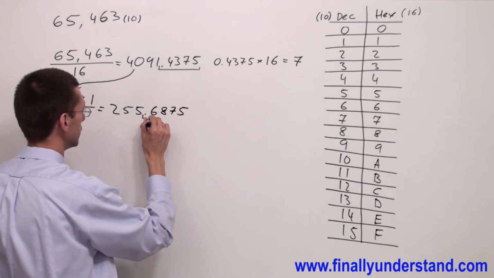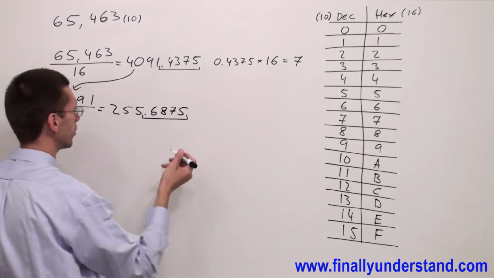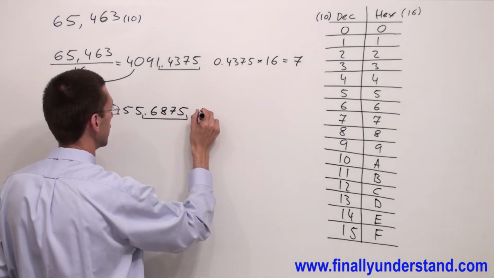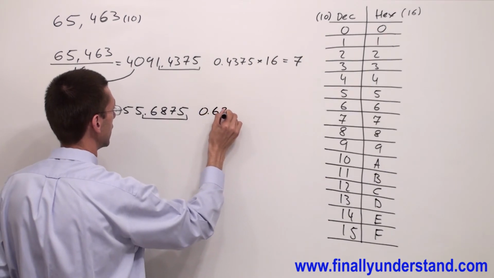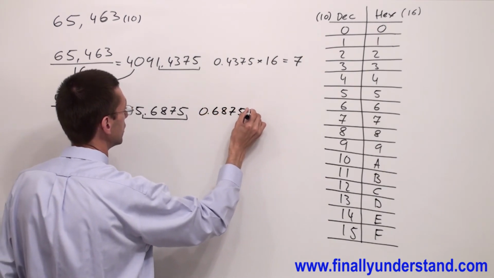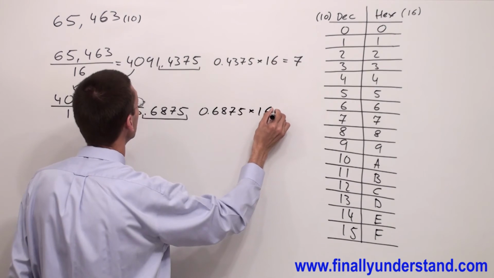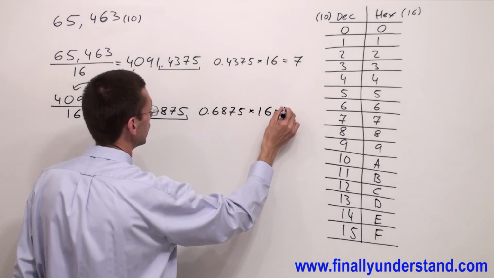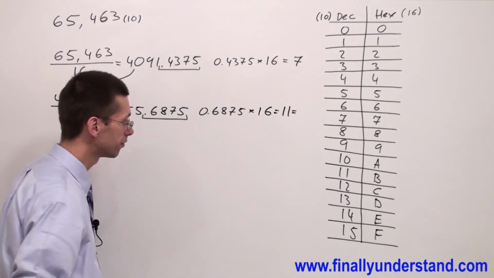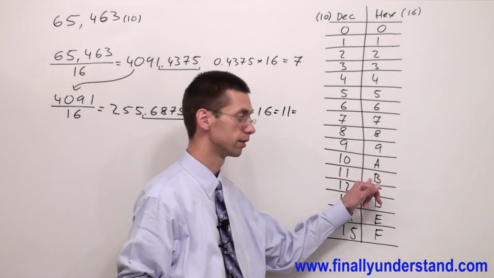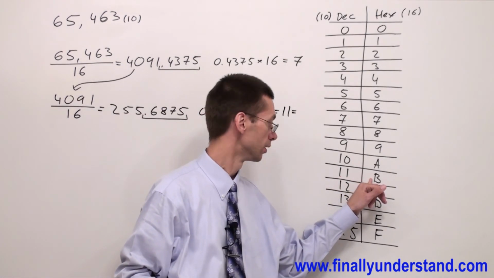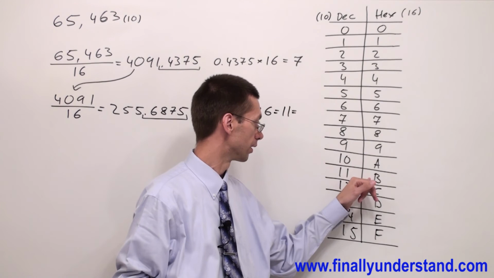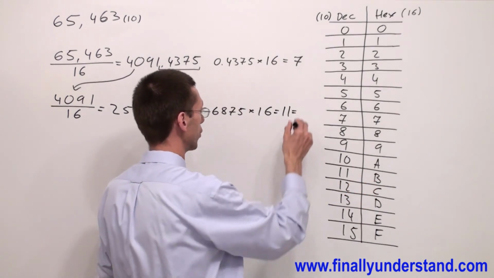Next, I have to take this decimal part and multiply again by 16. I have 0.6875 times 16, which is equal to 11. 11 in the hexadecimal system is represented by the letter B. That's why I'm going to write B over here.